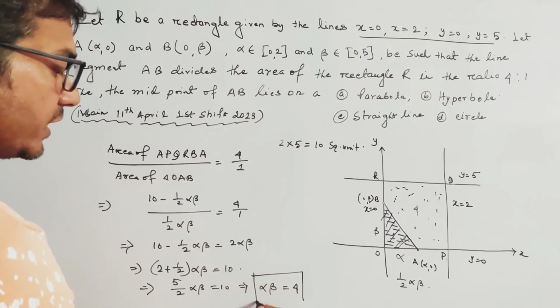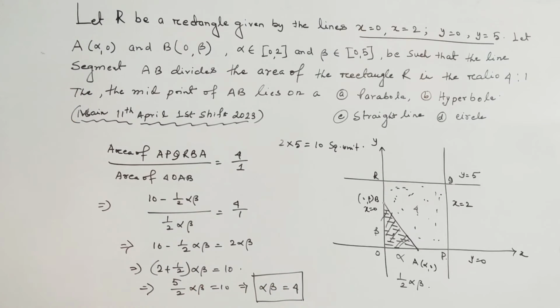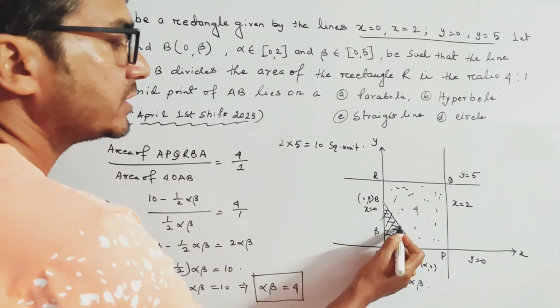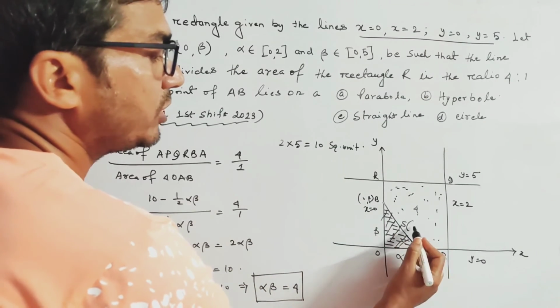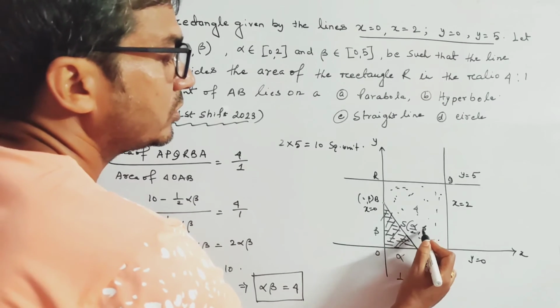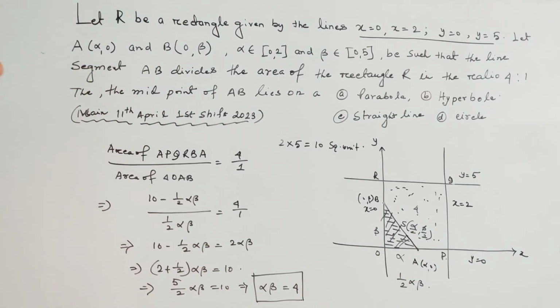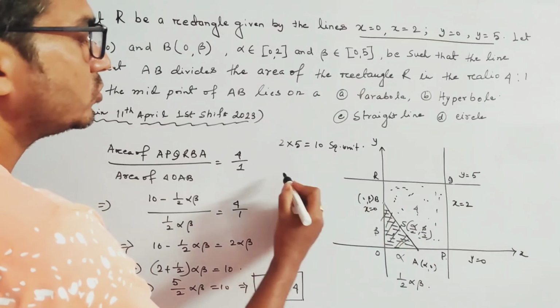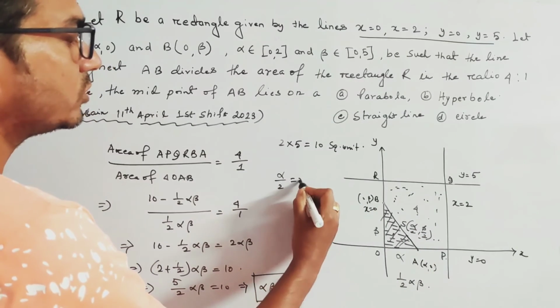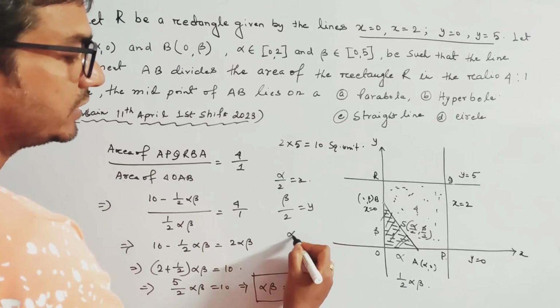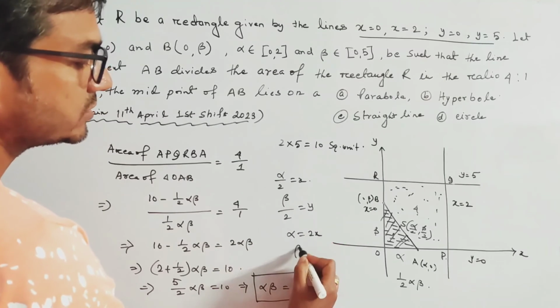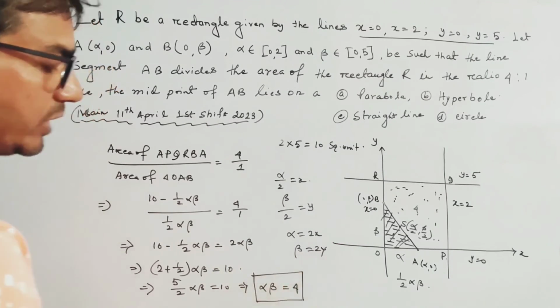Now we have to find the locus of the midpoint of AB. Let the midpoint be S, with coordinates (alpha by 2, beta by 2). So we put alpha by 2 equal to x and beta by 2 equal to y, that is alpha equal to 2x and beta equal to 2y.